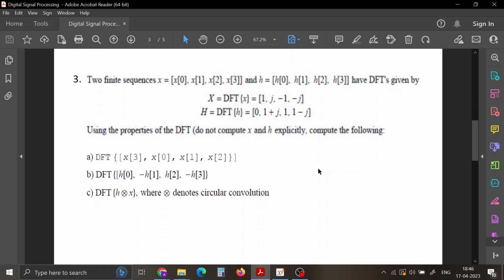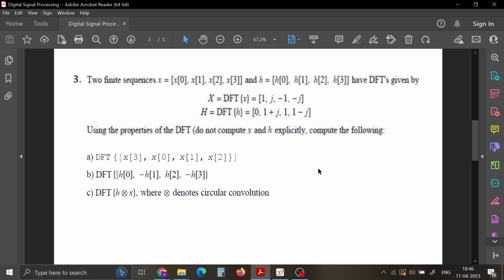The first one is denoted by x, and its elements are x of 0, x of 1, x of 2, and x of 3. There are 4 indices, it's a length 4 sequence, and similarly there is another sequence, small h, which is also a length 4 sequence.